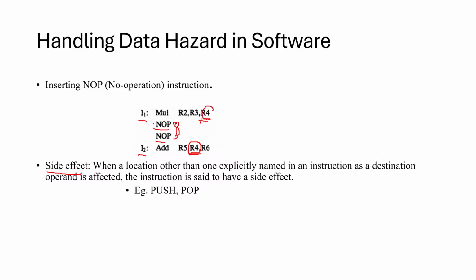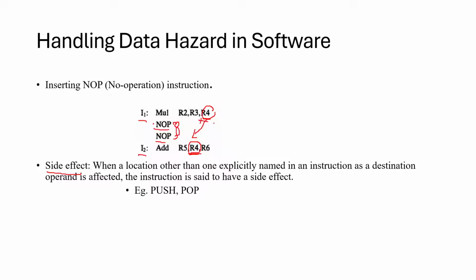Here R4 is a destination, but it will be a source for the next instruction. That is the problem here. If it is explicitly known, there are no issues. But sometimes an instruction changes the value of registers which are not named explicitly in the instruction.